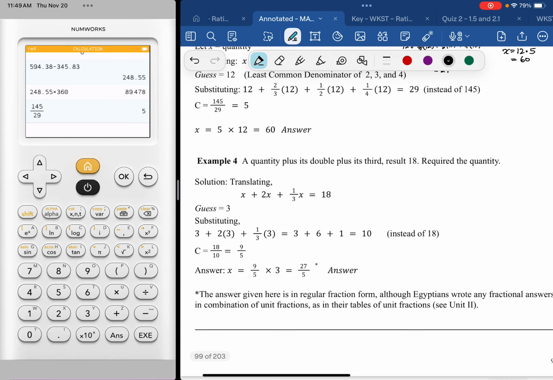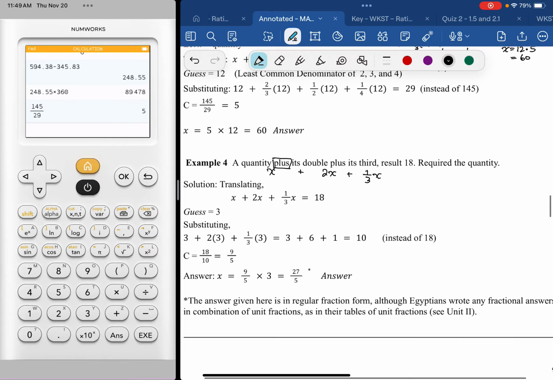I'll do the last one here too. The quantity or a quantity plus its double, all right? So the quantity we call x, double it, 2x, its third, 1/3 implied, results in 18. So the plus part allows us to come up with all that stuff on the right.